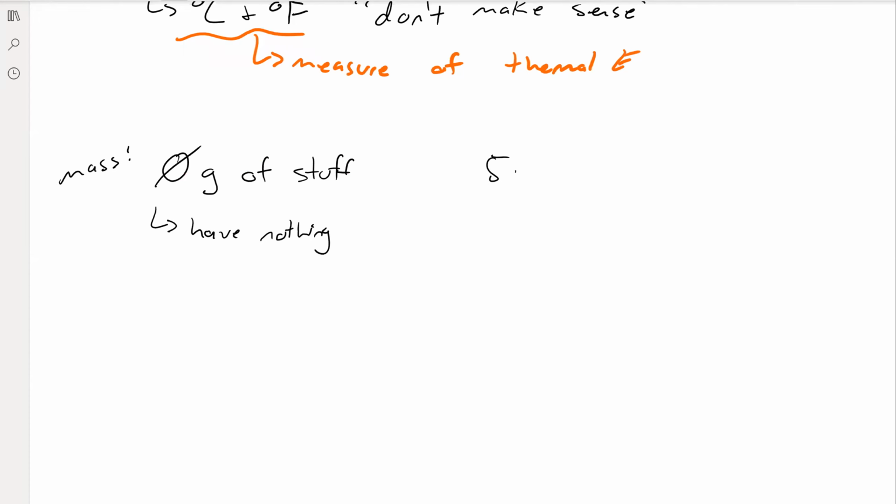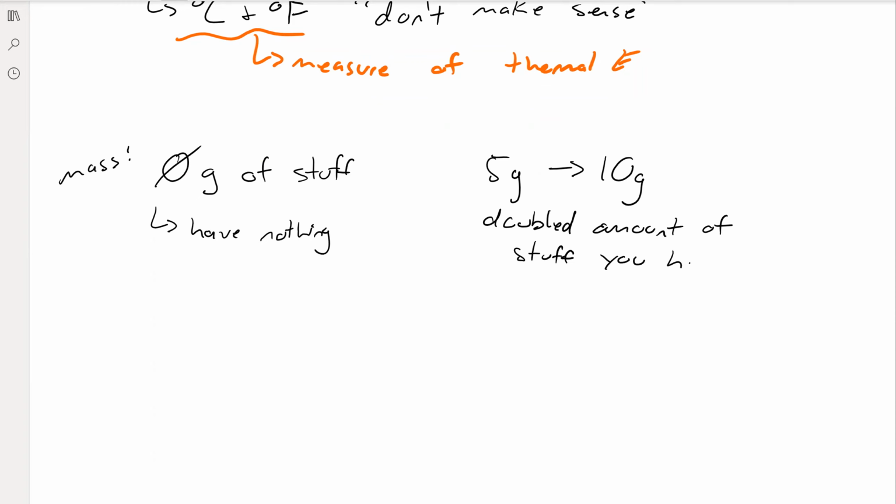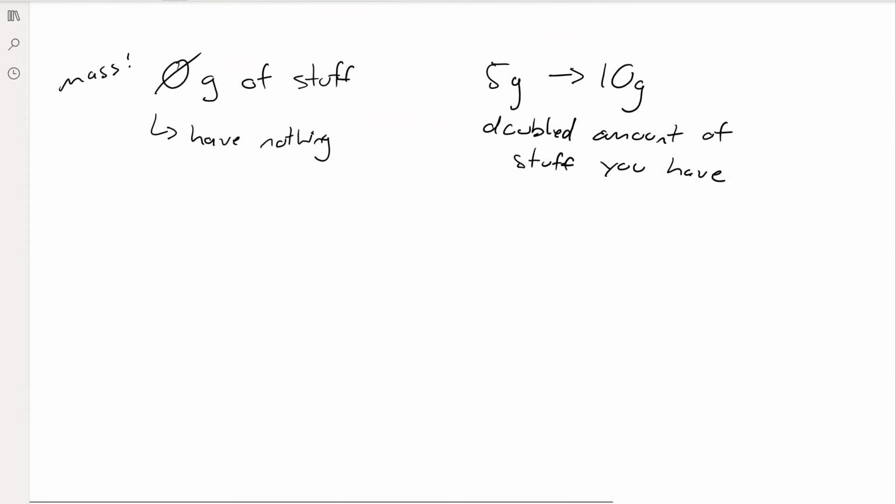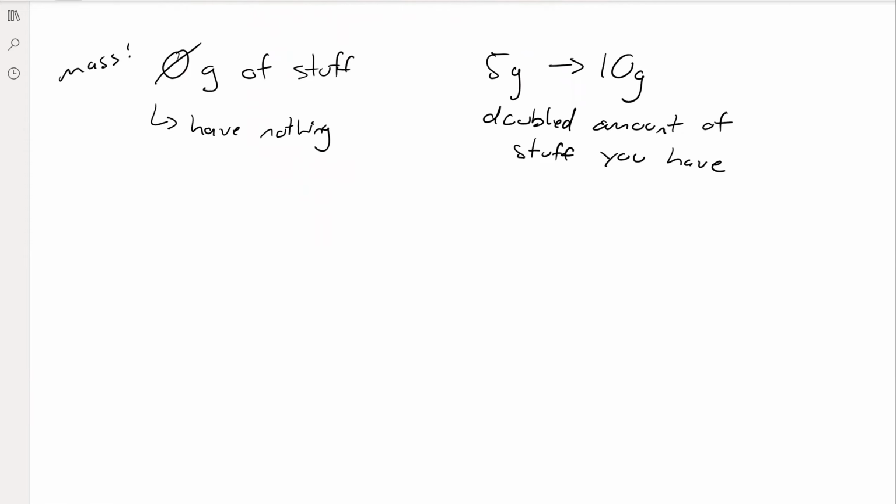Similarly, if you have 5 grams of stuff and then you go to 10 grams of stuff, you've doubled the amount of stuff you have. So 0 in these kinds of measurements means nothing.